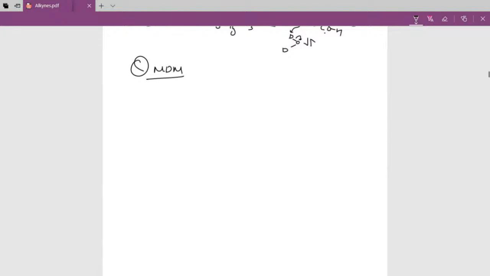Proceeding the same way, in case of alkynes, if I start with R C triple bond CH, the reagent this time is Hg(OAc)2 in water. And second, I will have NaBH4 or not, that is on hold. We'll see. If they give it, then also it is very good.